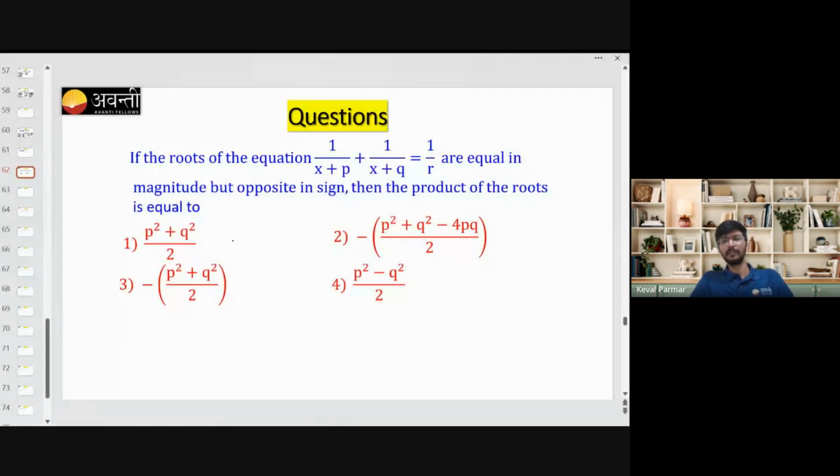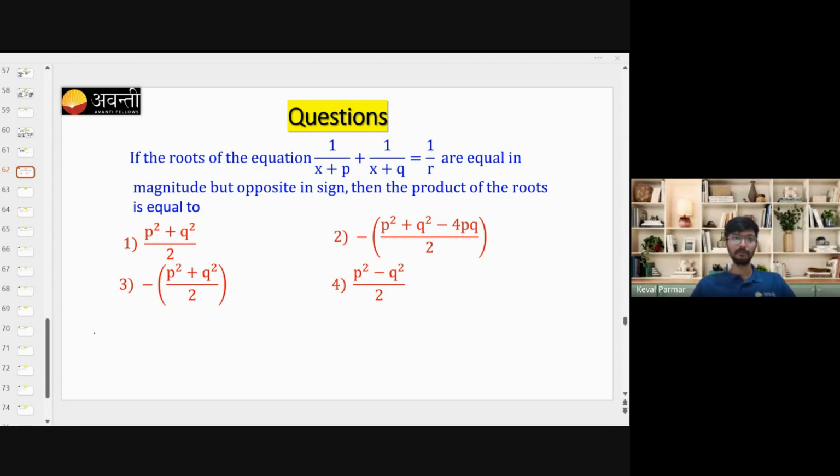See the question here. If the roots of the equation are equal in magnitude but opposite in sign. So it's a quadratic equation. I know it doesn't look like it, but if we take LCM, it looks like a quadratic equation. So let's write the equation after simplifying.